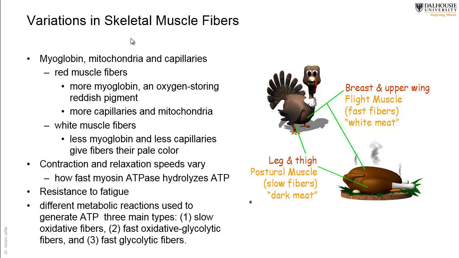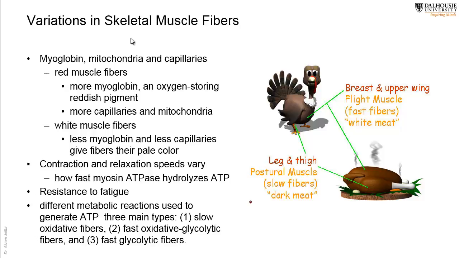So the red muscle fibers are usually the postural muscles. They are slow fibers, but they can maintain their contraction, while the breast muscles, the white muscle fibers, which contain less myoglobin and less capillaries, are fast twitching fibers, but they cannot maintain their contraction for a long time. So in humans, each muscle has different types of muscle fibers.